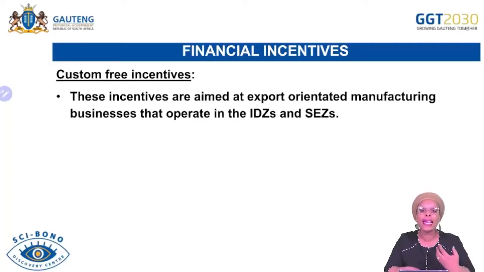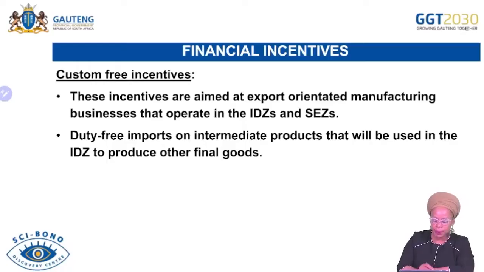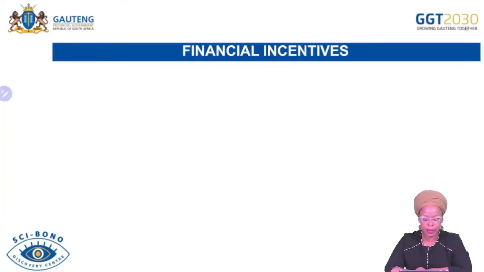So to lower their cost, they will not pay import duties when they import raw materials or intermediate goods for manufacturing, mainly for the purpose of exportation. Hence, we say that it is a duty-free incentive. They don't pay import duty on intermediate goods and even on the raw materials that they have used.